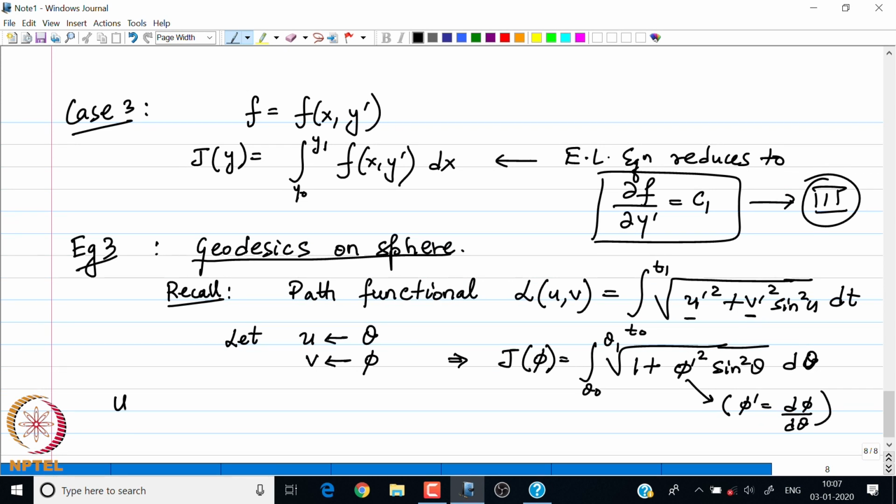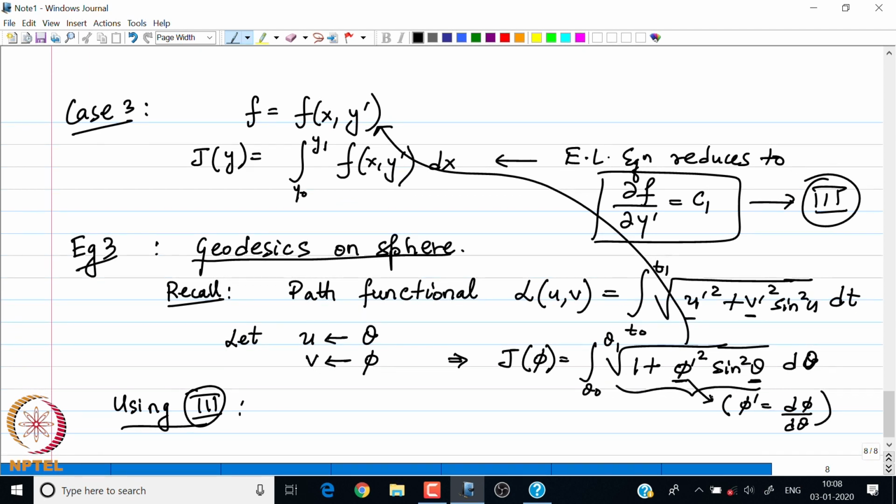And again notice that in this particular integrand we only have a function of theta, which serves as x. So, theta is my x and phi prime is my y prime. So, this particular integrand is only a function of x and y prime, right. Which means that I can directly use this boxed form of Euler-Lagrange. So, using 3, I see that my extremal is going to satisfy, and I am going to directly plug in my small f.